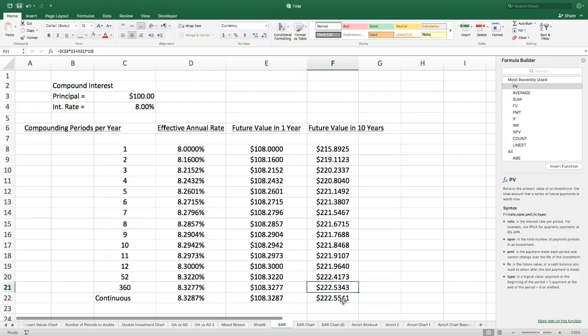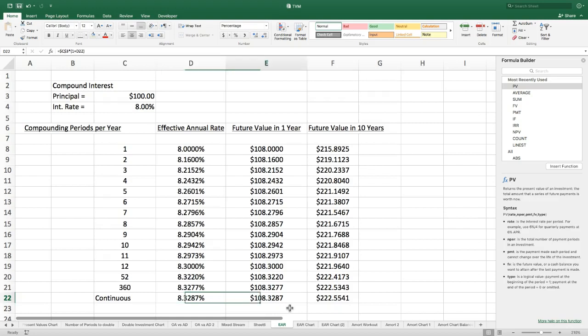Likewise, there's only a few cents difference going out 10 years. And if we look at continuous compounding, the effective annual rate is 8.3287%. So the effective annual rate for continuous compounding is not hardly any difference than we would have from daily or weekly compounding.